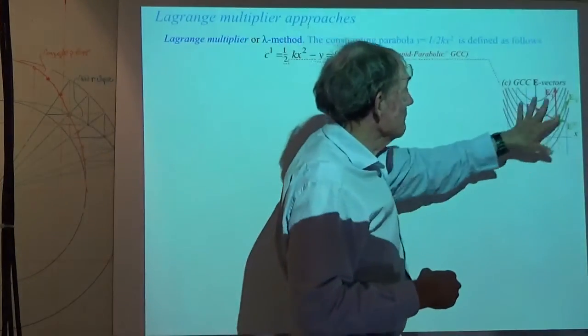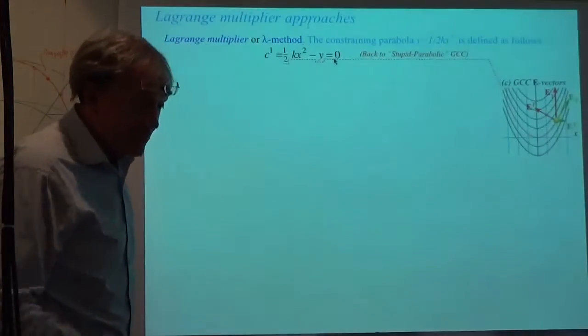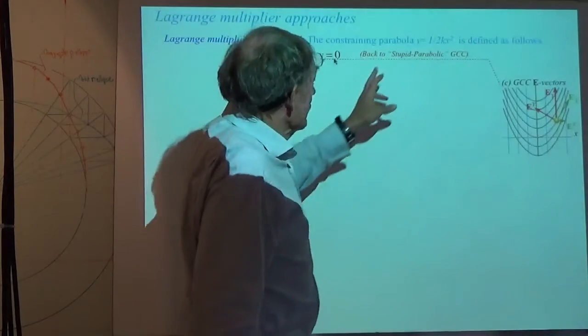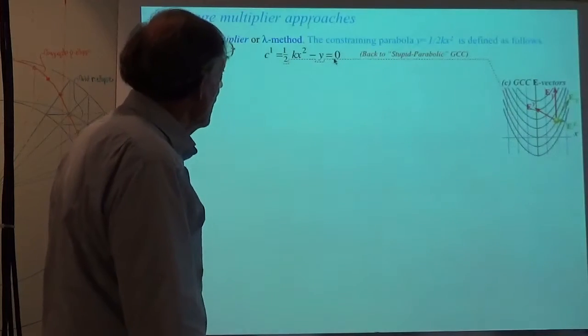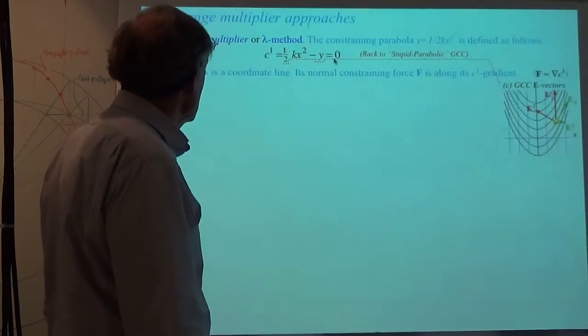There it is with the stuff that we used last time, the covariant contravariant vectors. But this time, what I call stupid parabolic as opposed to the smart parabolic that we just finished here, we're going to just say, okay, I got a constraint, what are we going to do with it?